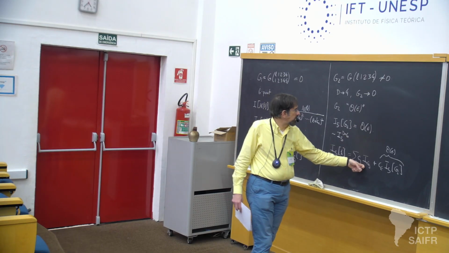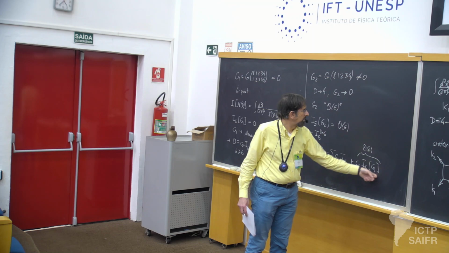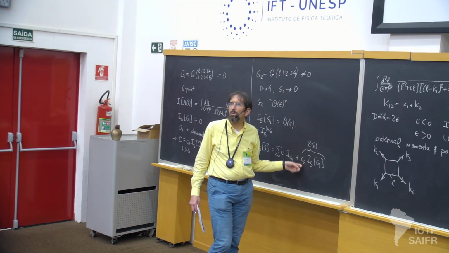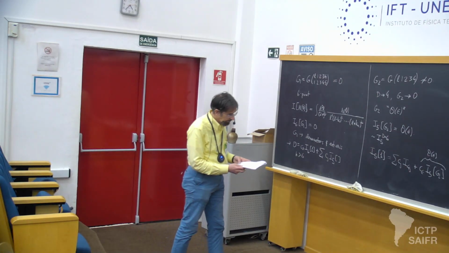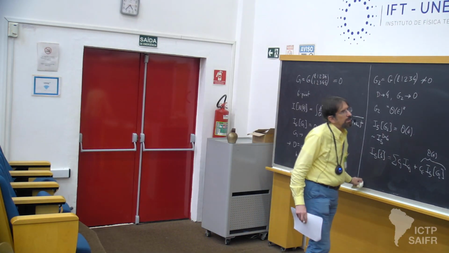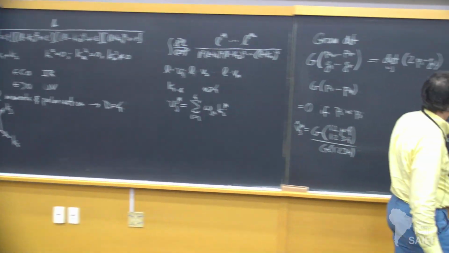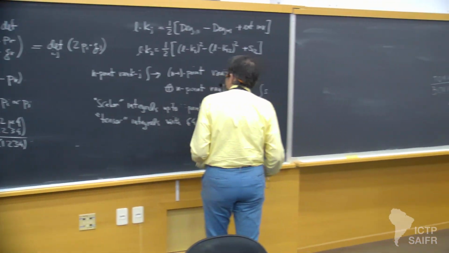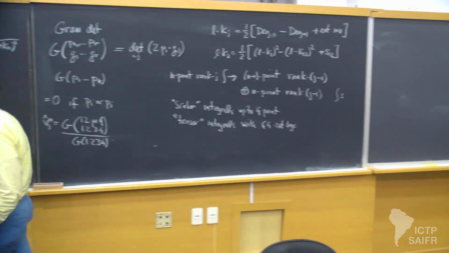The terms where their denominators will cancel one of the denominators turn into the boxes. And then, of course, the initial equation had the G2 integral, which I'm just keeping here. So that we can now pull this down to just 4-point integrals.